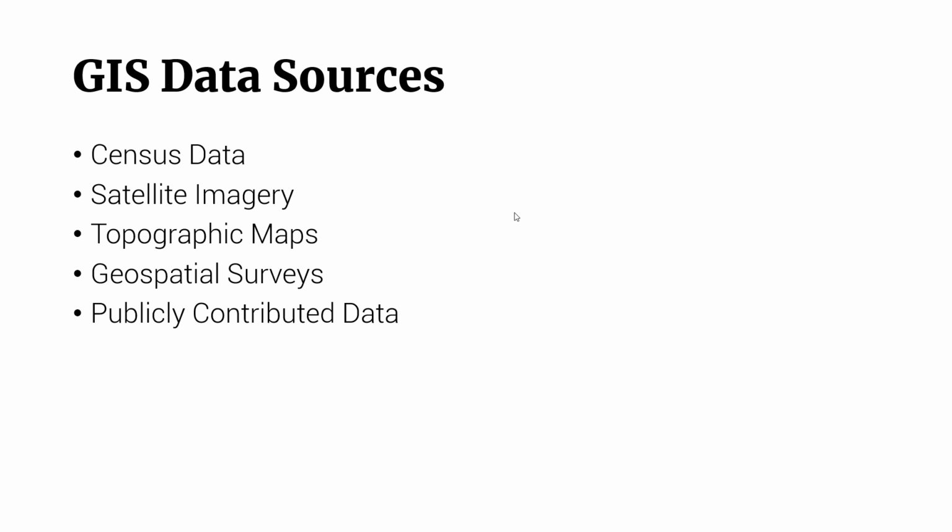These are data from platforms like OpenStreetMap, Google Earth, and Mapbox. These data come from volunteers. So these are the five GIS data sources: census data from the government, satellite imagery from satellites, topographic maps that illustrate surface features, geospatial surveys using GPS, and publicly contributed data coming from volunteers.